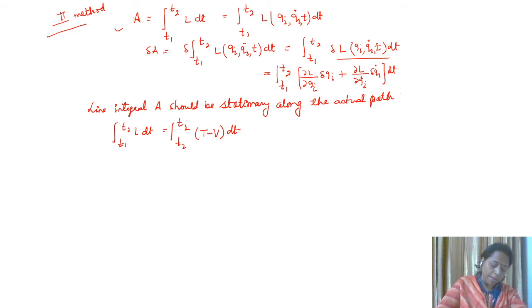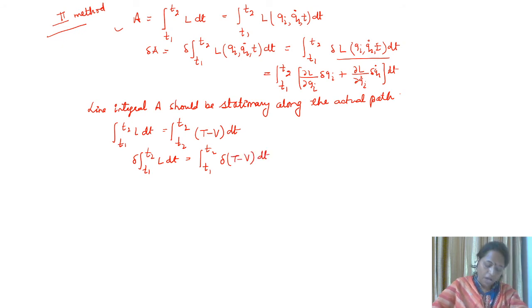Now apply the delta or variation of L dt. You will get the integral from T1 to T2 of delta of T minus V. Again solve it with the same approach, and on solving you will get this equation of motion.